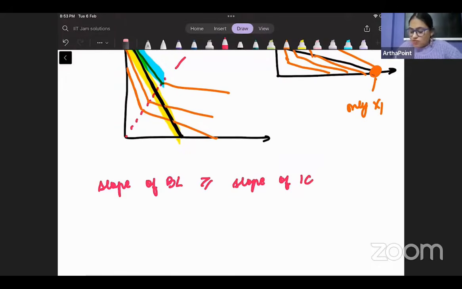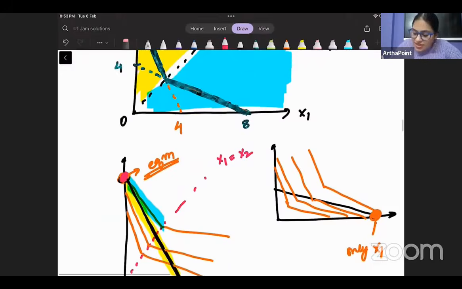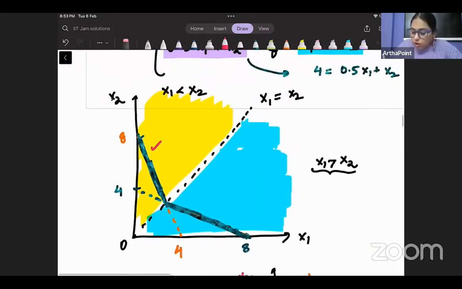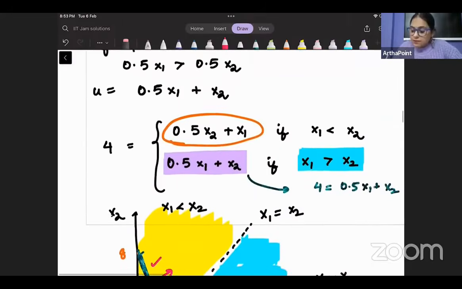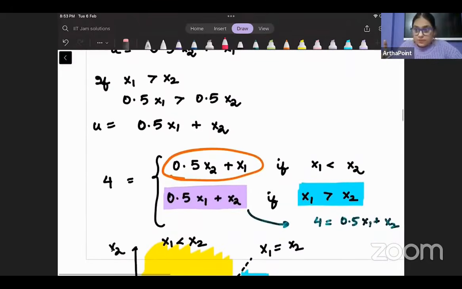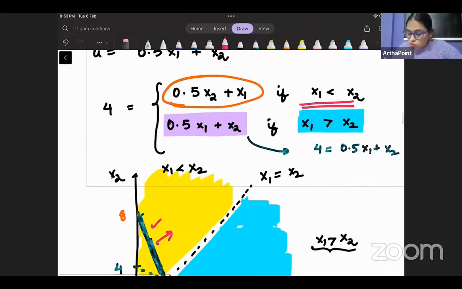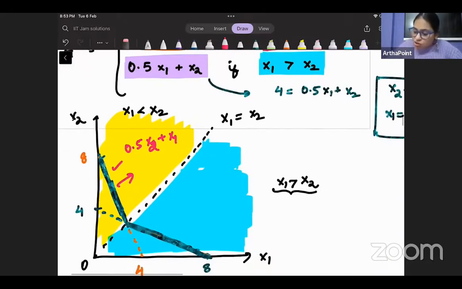Okay, the slope of the budget line is px by py. Now what was the slope of the IC in this part? What was my indifference curve here? Well, my indifference curve here when x1 was less than x2 was 0.5 x1 plus x2 plus x1. And its slope, bache, is nothing but MRS, which is mu1 by mu2.